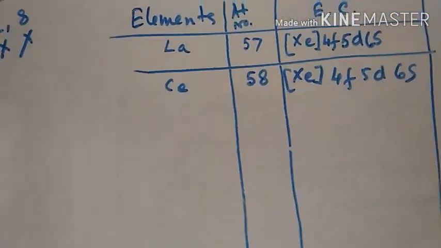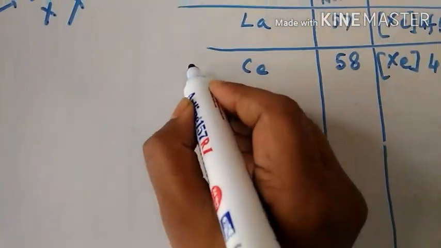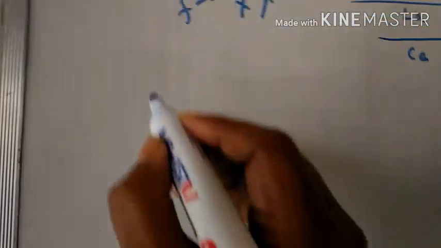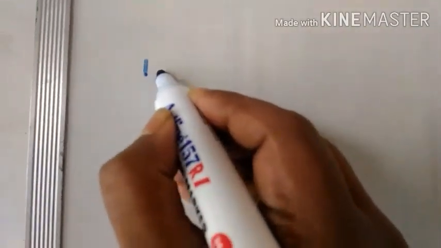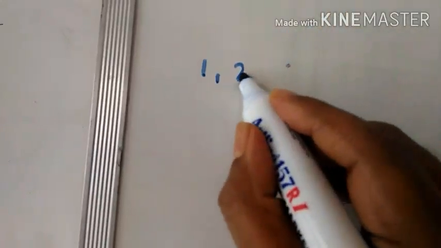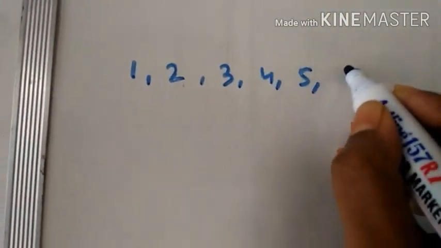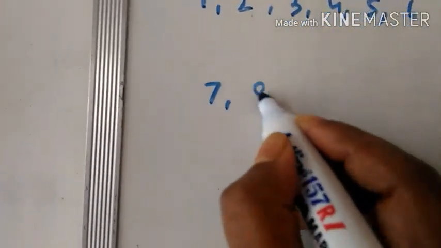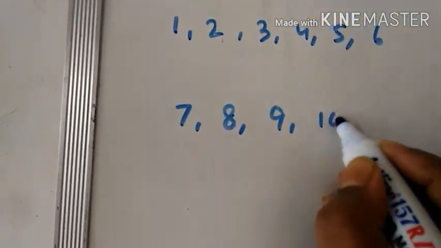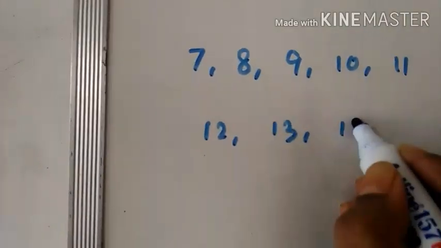Now the system is, starting from here, we'll write down all these numbers. 1, 2 will not come, 2, 3, 4, 5, 6, 7, 8, 9, 10, 11, 12, 13 and 14.